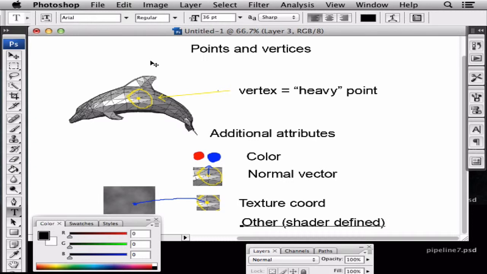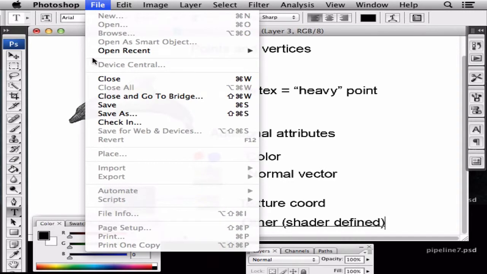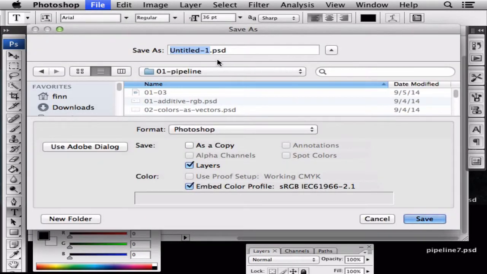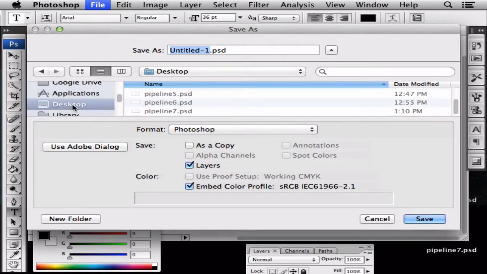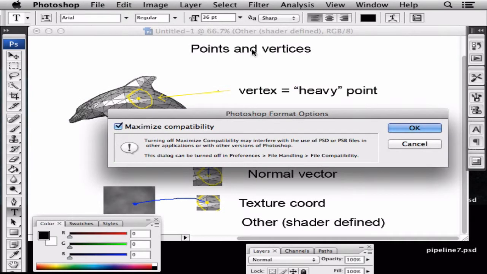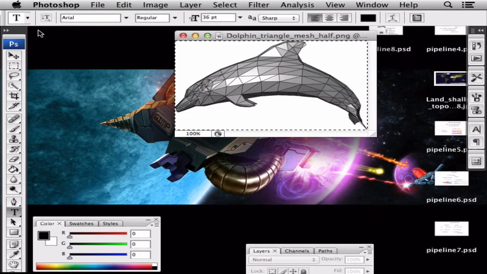So in that way, a vertex is more than a point, but it's also a point, and sometimes they're used interchangeably.